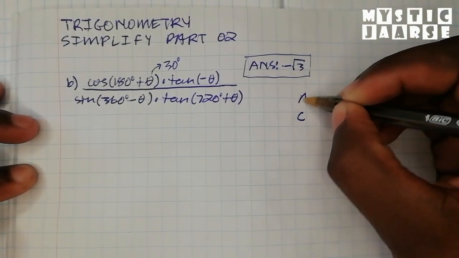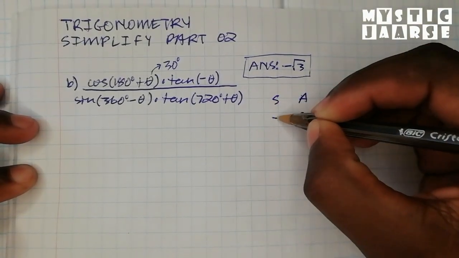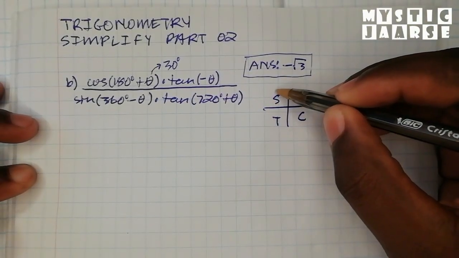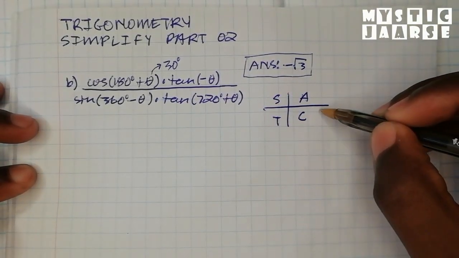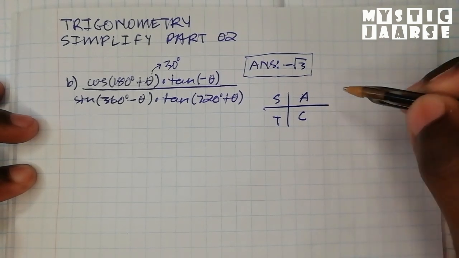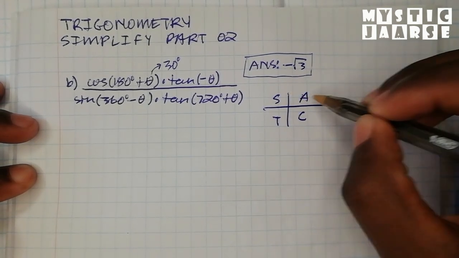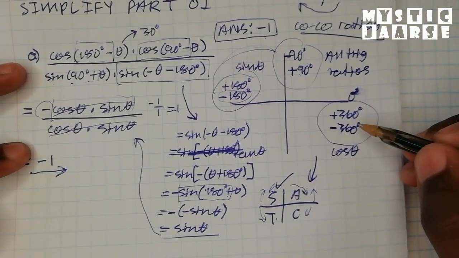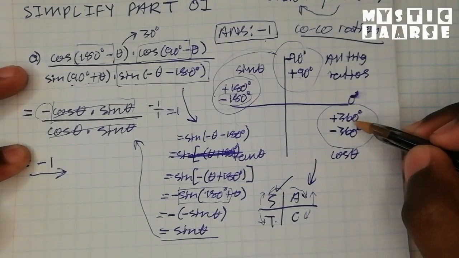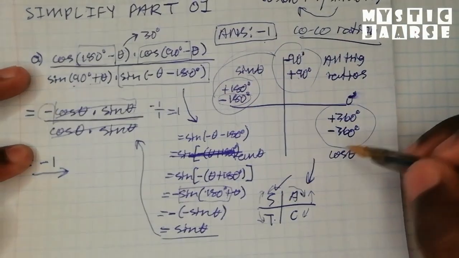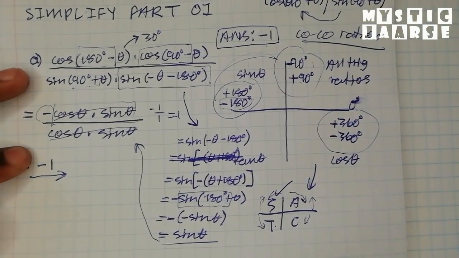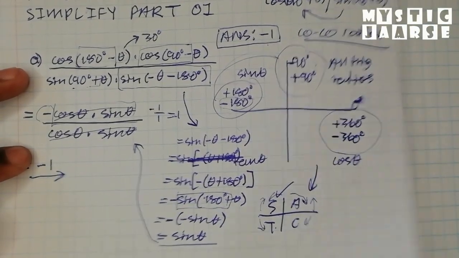Cos, all trig ratios, sine and tangent. This is 90 degrees plus and 180 minus, 180 plus, 360 minus, 360 plus, 90 degrees minus. I just think that it is time wasting to always write this down when we can just memorize these parts and then memorize which trig ratio is positive in which quadrant.